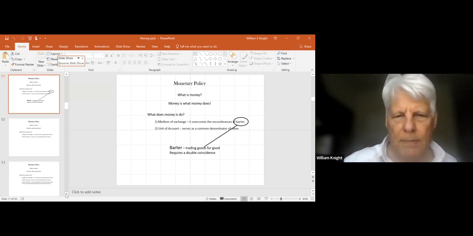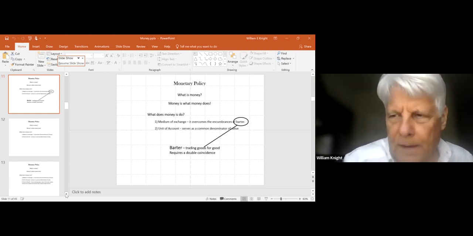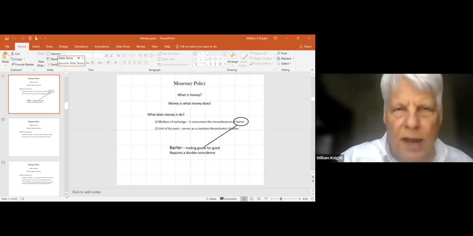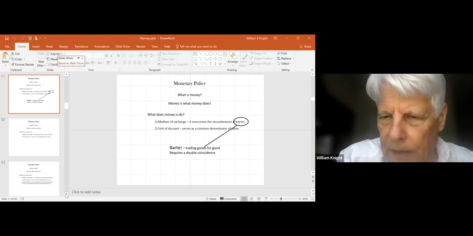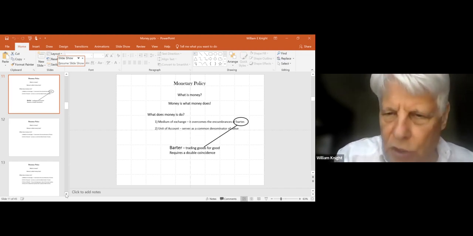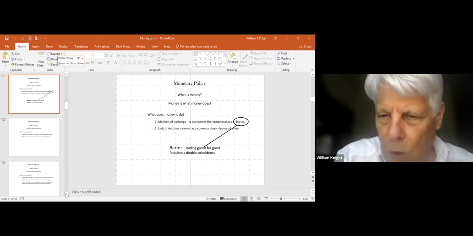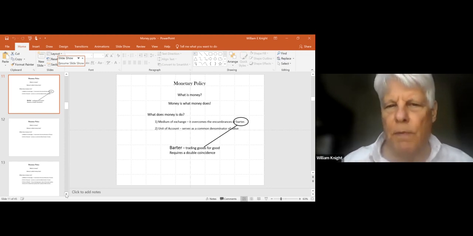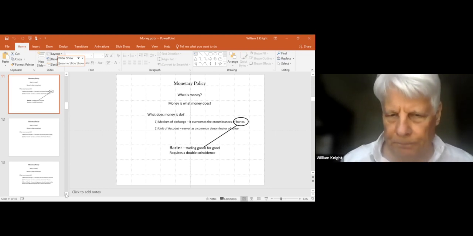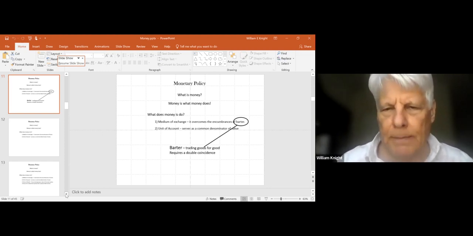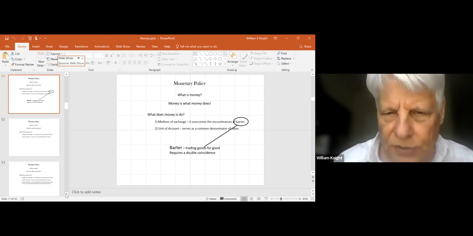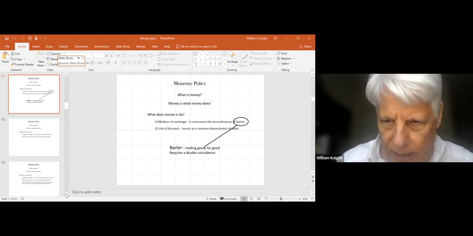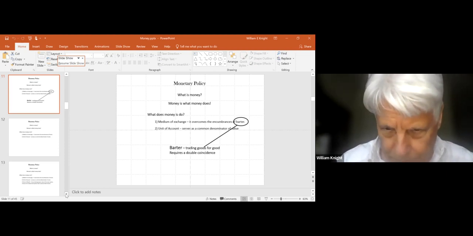Now, in a very simple economy, this might not be too difficult to make. But in a highly complex economy, where there's a high degree of specialization, it would be very, very difficult. And a high degree of specialization would not be possible were it not for money, because here's what money does. In acting as a medium of exchange, it does so by reducing the number of coincidences necessary to make a trade from 2 to 1.